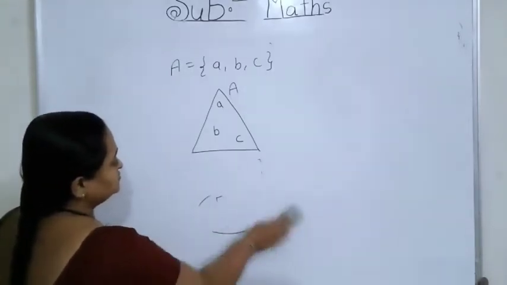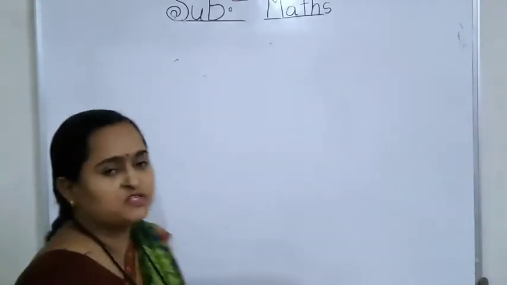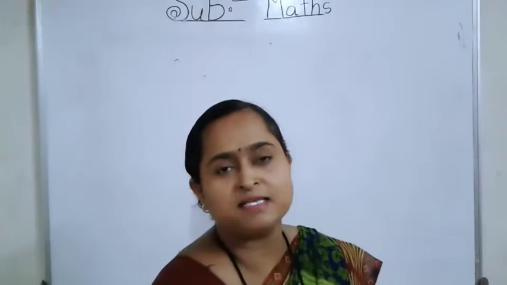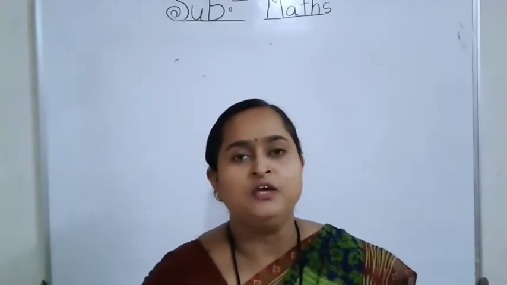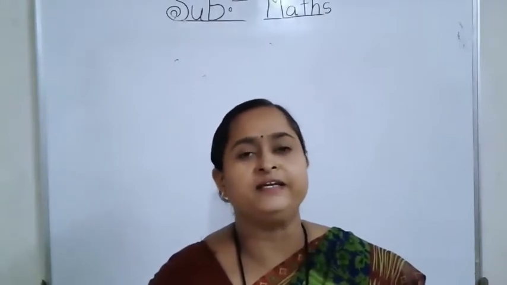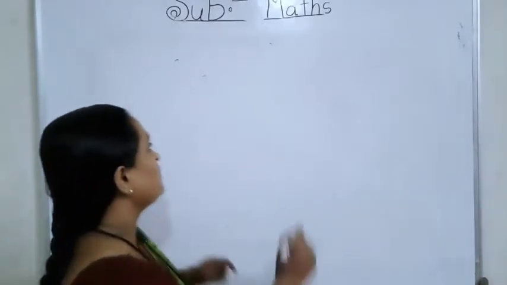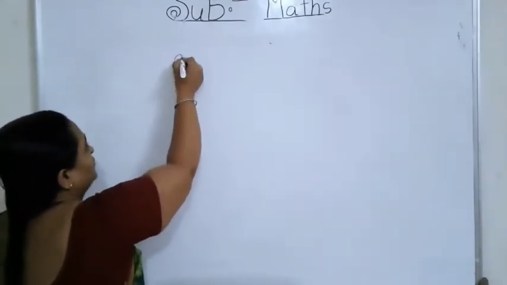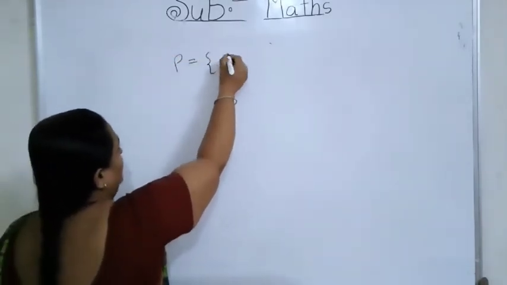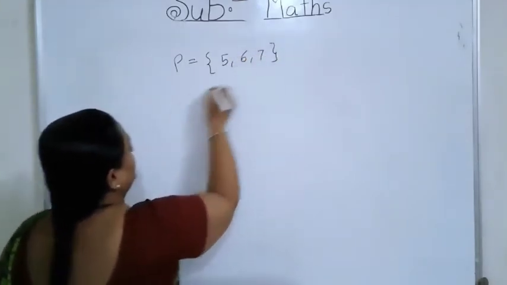Now next we will see universal set. Now see what is universal set. Universal set means a bigger set which will accommodate all the given sets. Then that bigger set is called universal set. Now let's see some examples. Now here P is the set of 5, 6, 7.